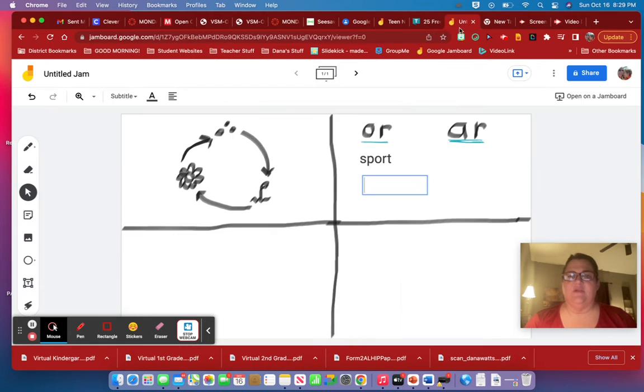The second word we have that has OR is tore. I accidentally tore my jeans. Tore. And this has ORE. This has that long O consonant, silent E, or bossy E, or magic E. Okay? Tore. So under your OR column, you have sport and tore.